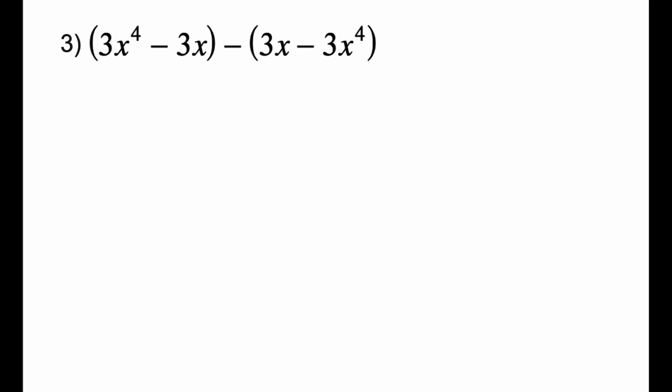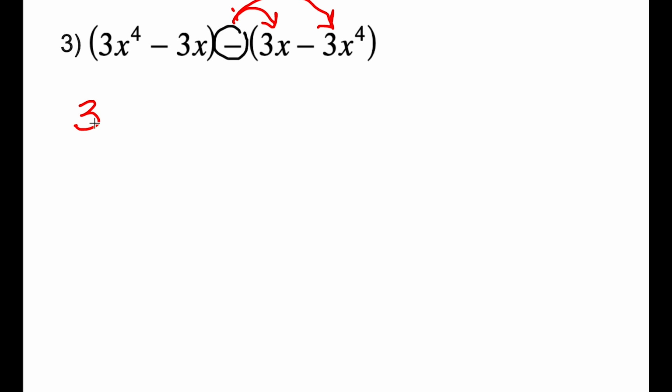In our third example, we also see two binomials in parentheses with a negative 1 in the middle. So once again, we will be distributing negative 1 to each of these terms, which will result in a change of sign.